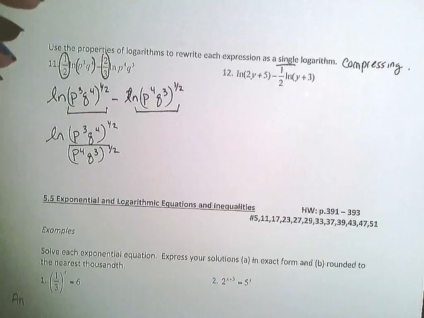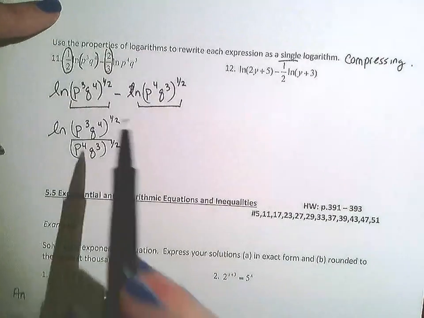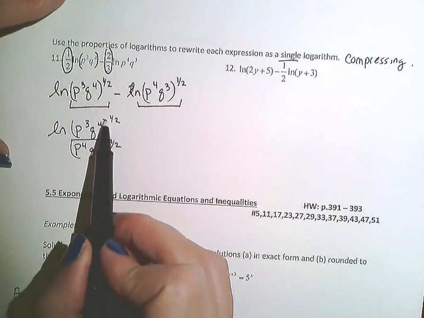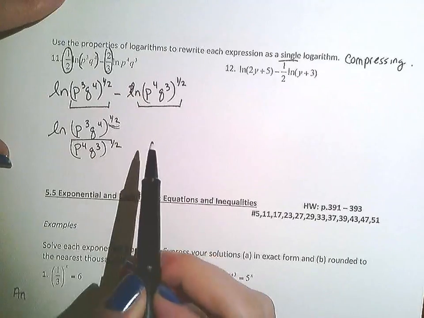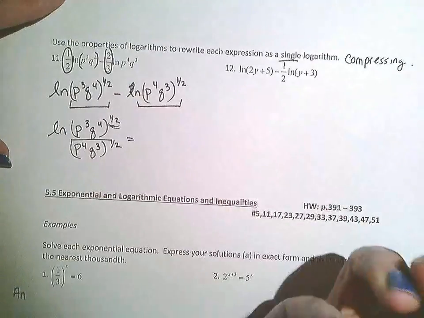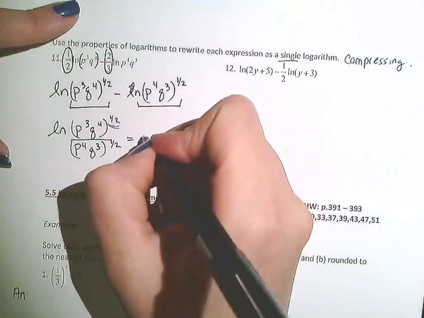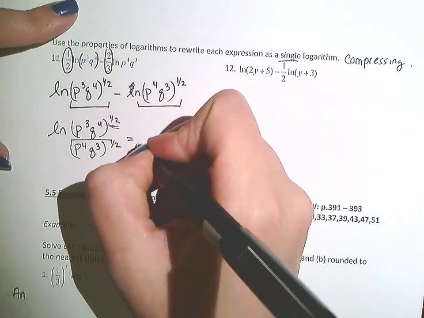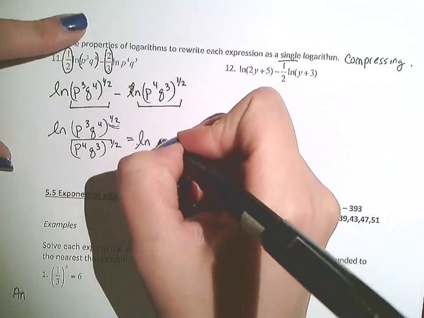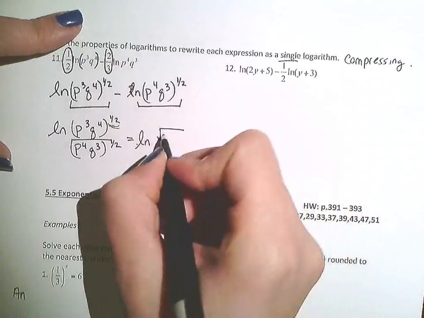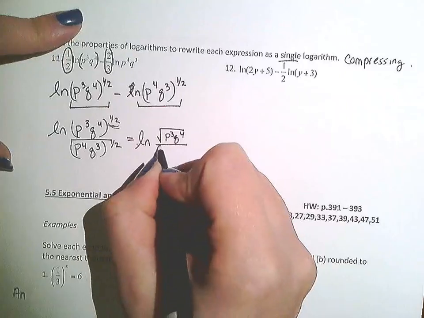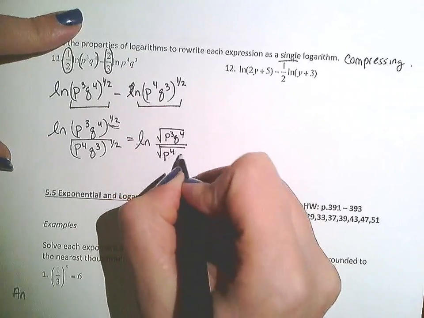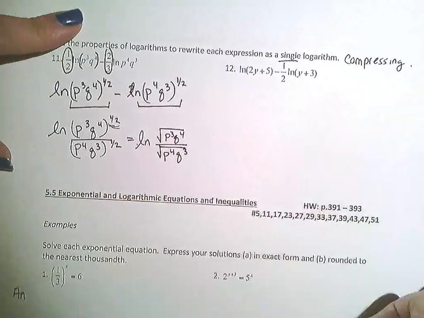It looks like we're done because we're all combined, but you guys remember what we said about 1/2s, about rational exponents? They are actually radicals. So this is ln of the square root of p third q to the 4th divided by the square root of p fourth q third.